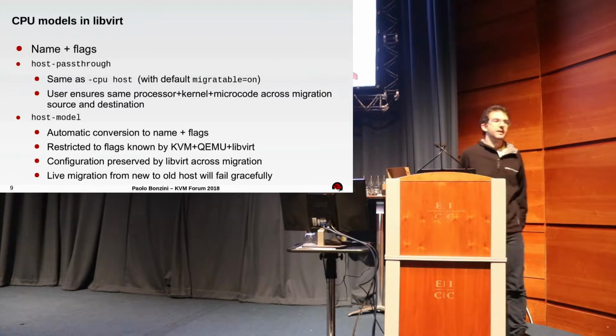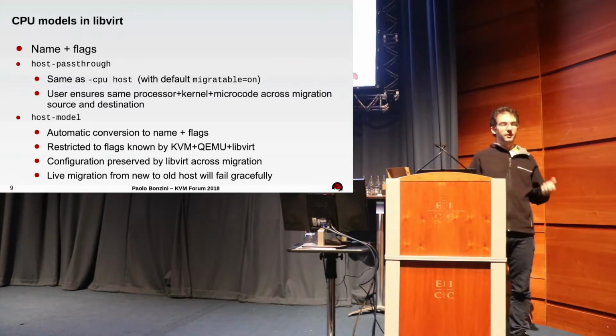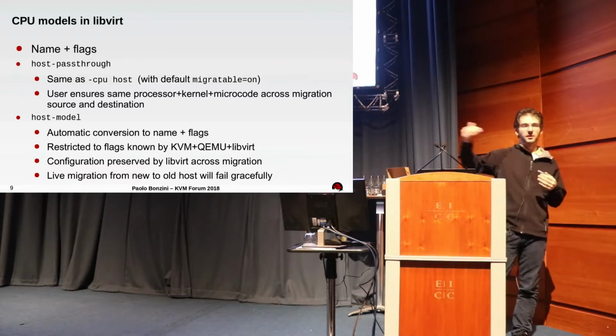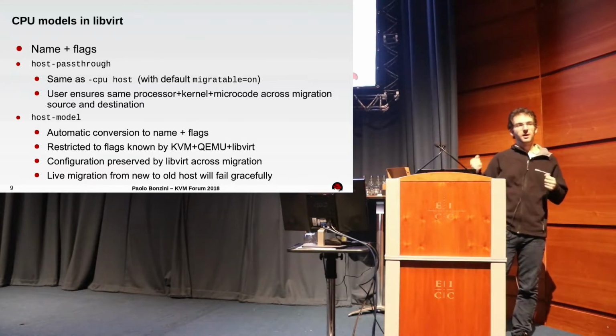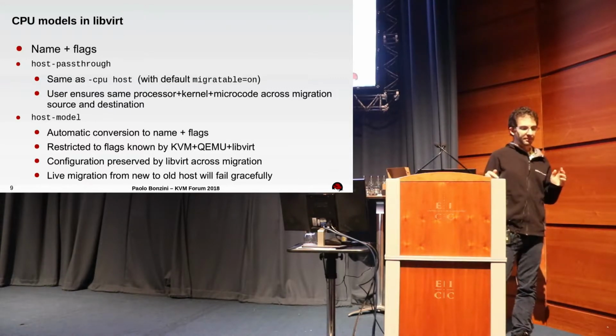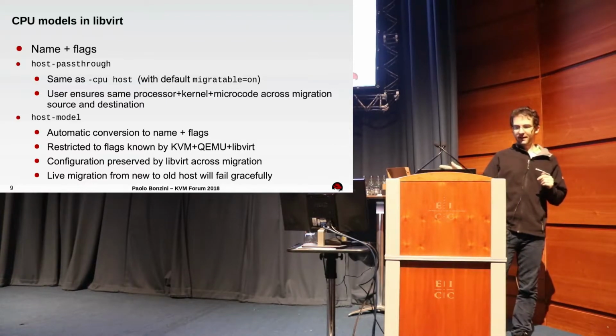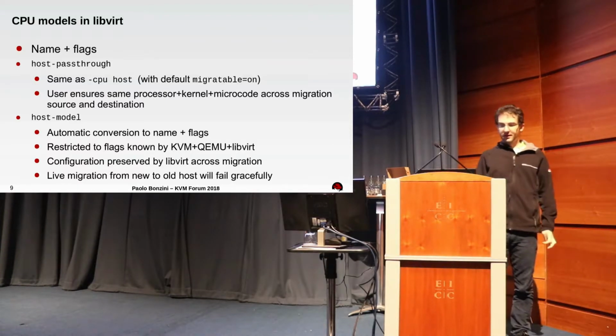It's converted automatically to a name and flags combination when you start the VM. And this name and flags combination is transferred to the destination of the live migration without you noticing.